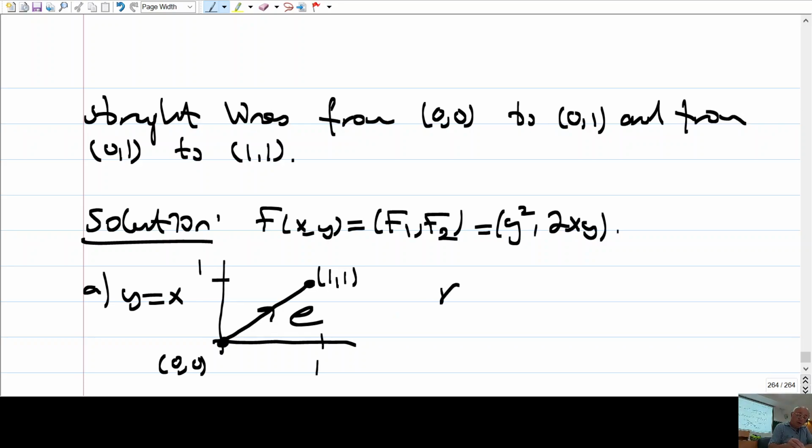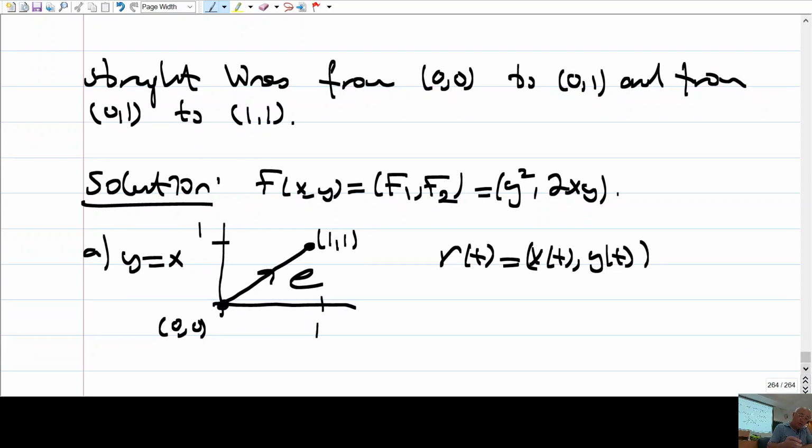Well, r(t), so it will have two components, x(t) and y(t). How can I choose the parameterization? Well, I can just let this be t. Then what is y? Well, x and y are just the same, right? So this is also t. And t from where to where?